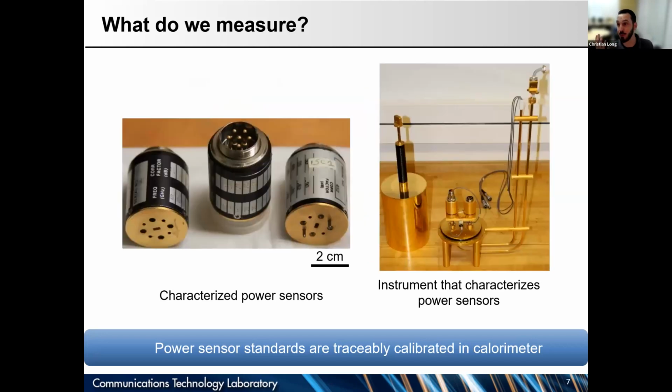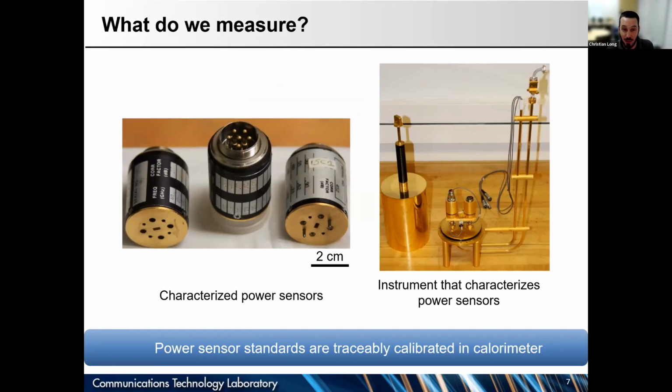Here's another example of a kind of power sensor. This one's a rectangular waveguide power sensor. So there's some DC connections that you make at the top to put DC power in. And there's a little rectangular aperture at the bottom where RF power goes in. This one operates from 50 to 75 gigahertz.